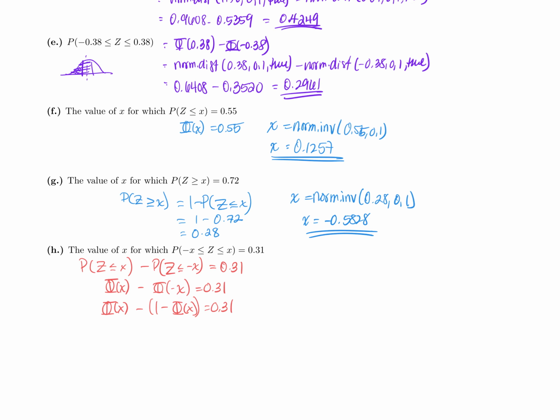Which means if we do a little bit of distribution of our negative, we get 2 phi of x minus 1 equals our 0.31, or phi of x is going to be 1.31 over 2, which is the same as 0.655.